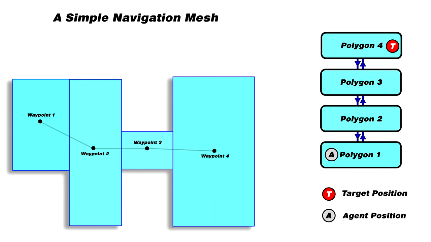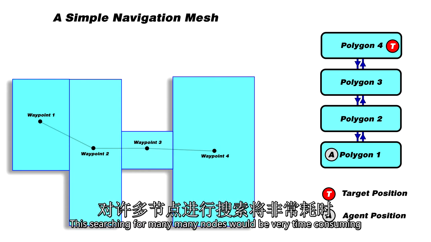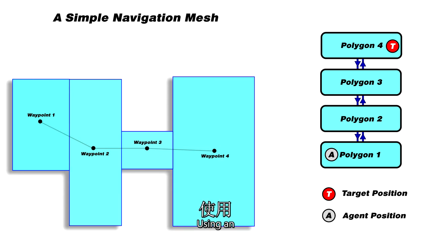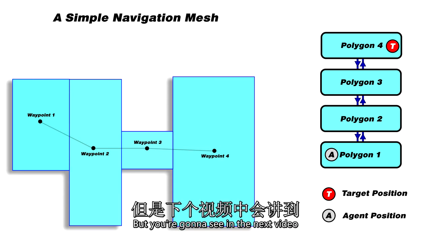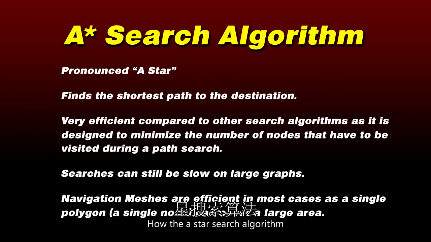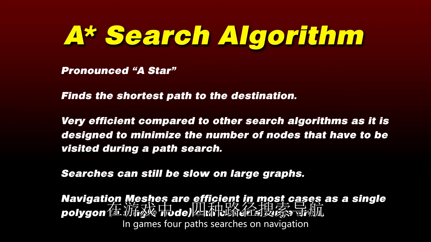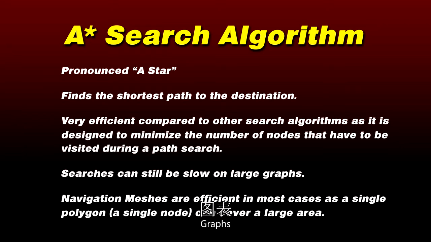Of course, searching through many nodes would be very time consuming using an unoptimized search algorithm. But you're going to see in the next video how the A-star search algorithm is used almost exclusively these days in games for path searches on navigation graphs.